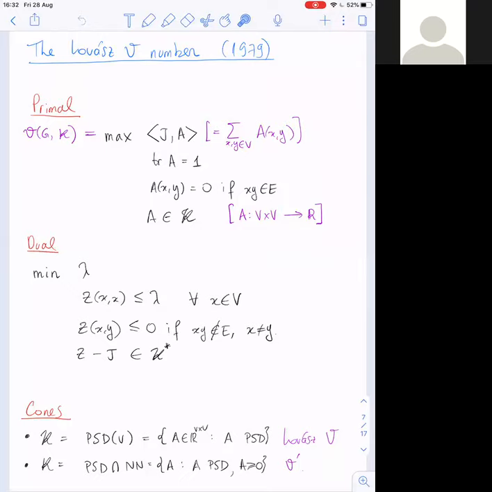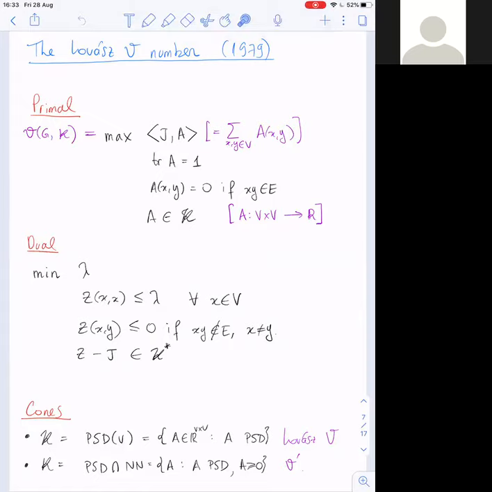So the dual problem is minimize lambda, where lambda is an upper bound on the diagonal entries of the matrix Z. And when you have a non-edge of the graph, with x and y different, then the corresponding entry of Z has to be less or equal than 0.